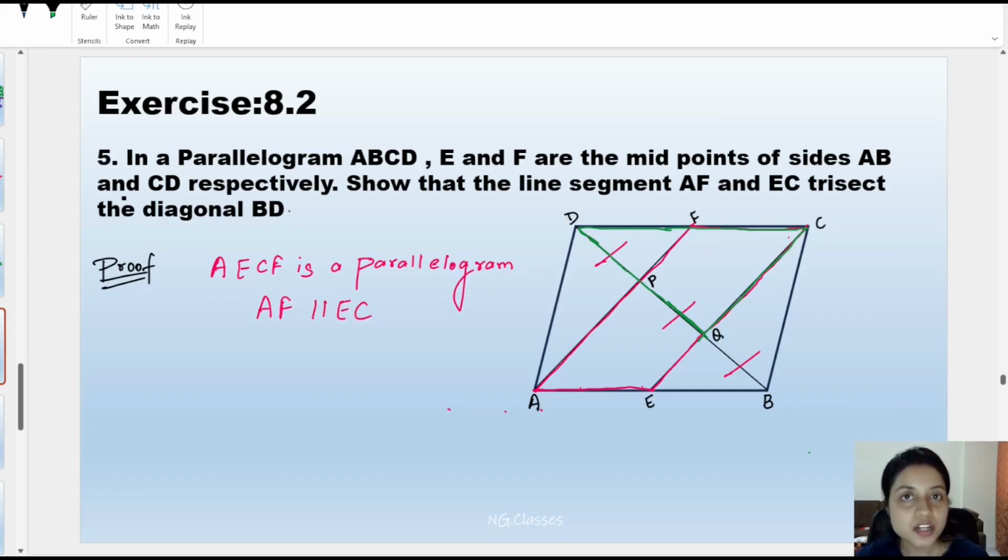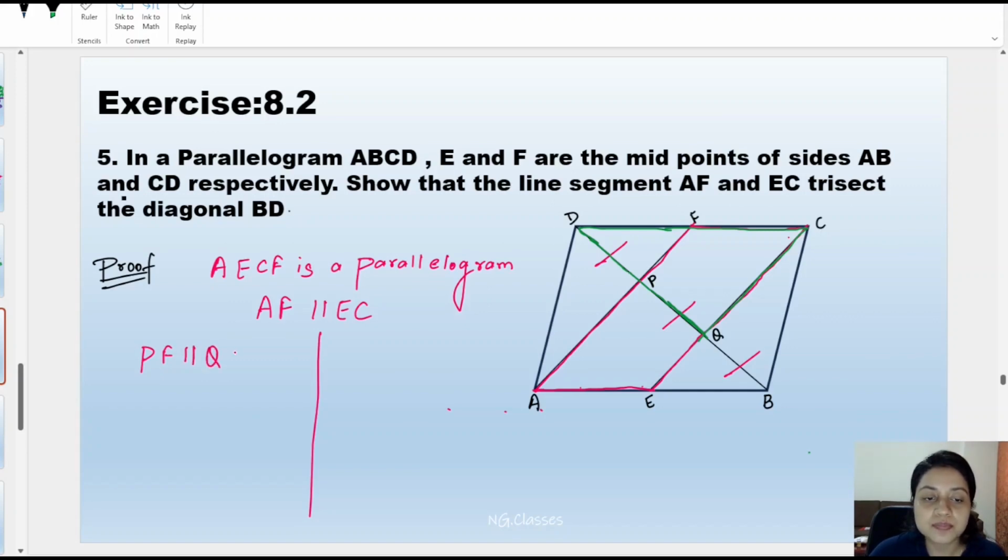Since parts of parallel lines must be parallel with each other, PF, which is a part of line AF, must be parallel with QC, which is a part of line EC. Similarly, AP must be parallel to EQ.